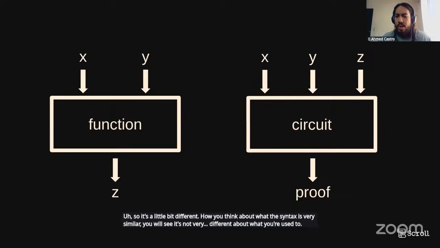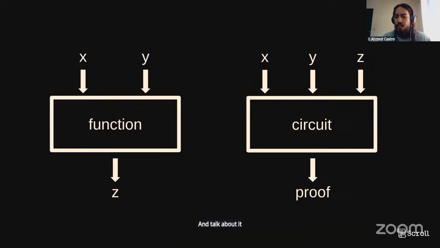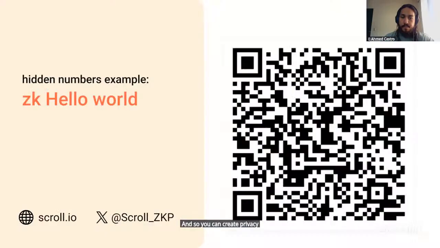Also, just to go a little bit ahead and talk about it: what do you do with this proof? Okay, this proof, you grab it and you verify it on Solidity. So that's how your circuits and Solidity knowledge combine, and so you can create privacy applications.